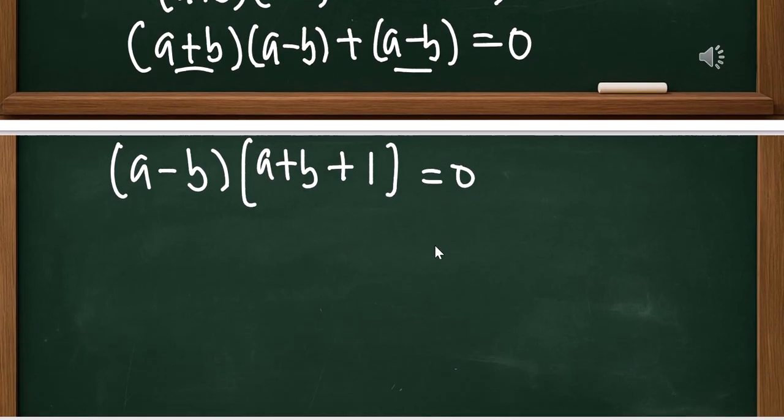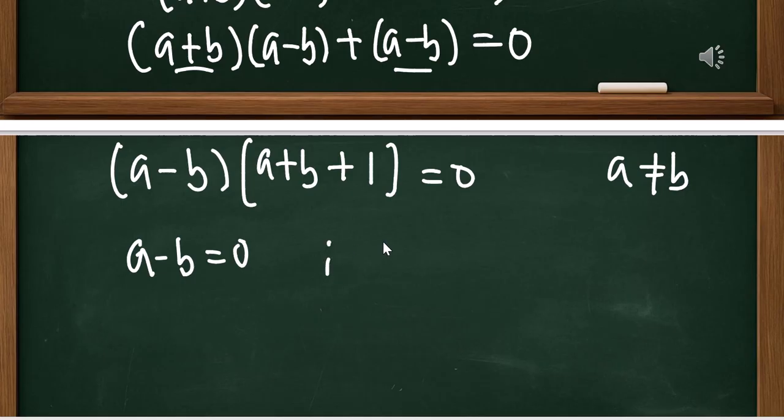Now we have two factors. Recall from the beginning that our a is not equal to b. This is the condition given to us. So here we have a minus b equals 0, and here we have a plus b plus 1 equals 0. Here, a minus b is not equal to 0, so a is not equal to b.